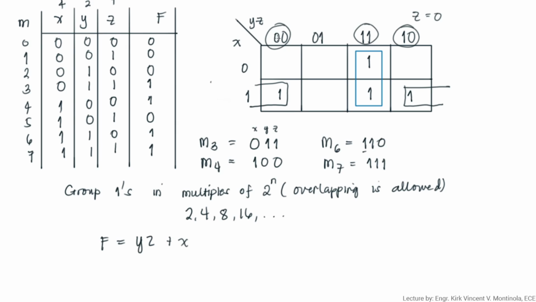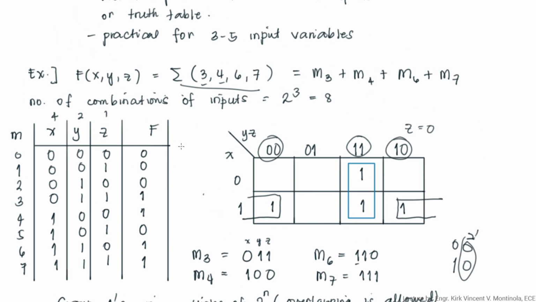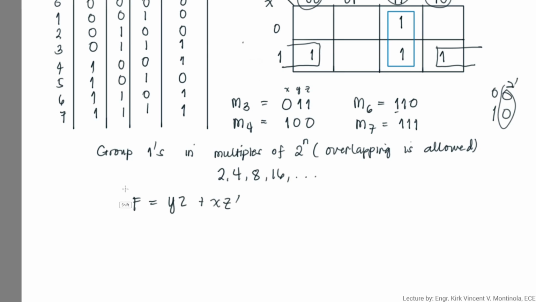Okay, so you have 0, 0, then naging 0, 1 siya. 1, 0 siya. So, ang hindi nagbago sa kanya ay itong z niya. Okay, so we'll be writing that one as x z complement. Okay, so that is the group x. Now, that would be your final Boolean expression for the truth table or for this canonical or standard equation of the min terms. Okay, so that would be your answer.